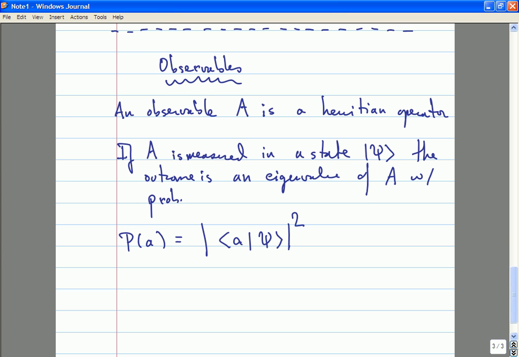And here, in writing this formula, I'm normalizing everything, so I'm taking psi to have unit norm, and I'm taking the eigenstate of A with eigenvalue little a to also be unit normalized.